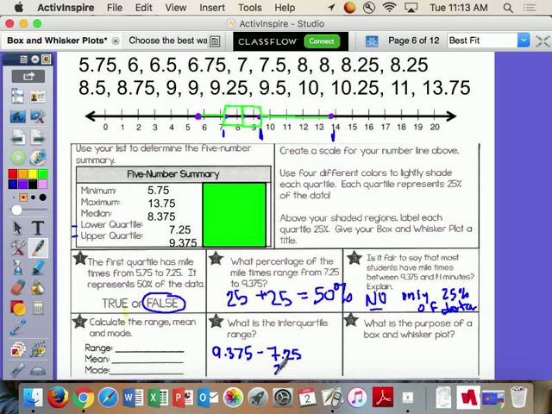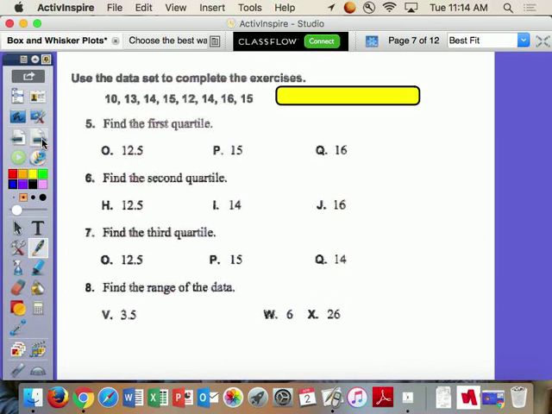You should get 2.125. The purpose of it is just that it's an easier way to look at data. It's a lot easier to read things about the data and the medians and stuff like that.